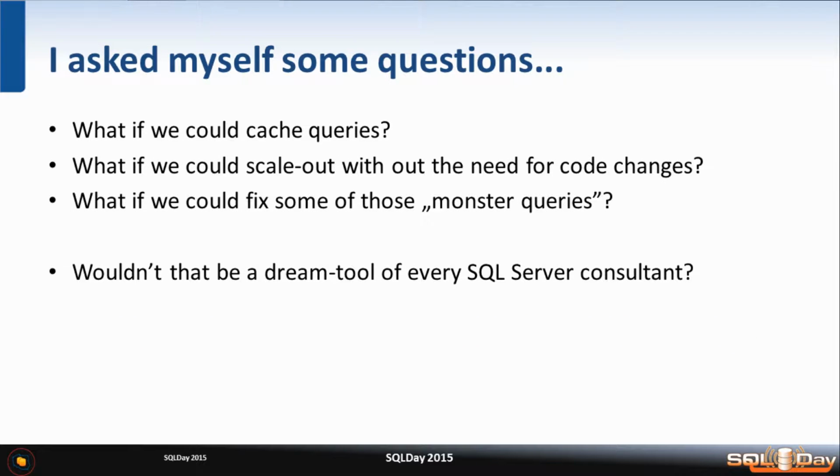What if we could scale out to other servers without any need for code changes? You just take any existing application, plug it in, and it magically spreads across as many servers as you want. What if we could fix some of those monster queries on the fly, without touching the application code, because I'm just a DBA. I'm not allowed to touch any C# code out there.